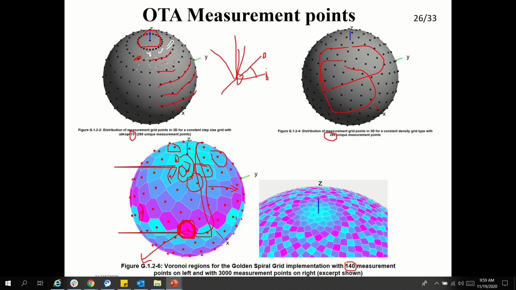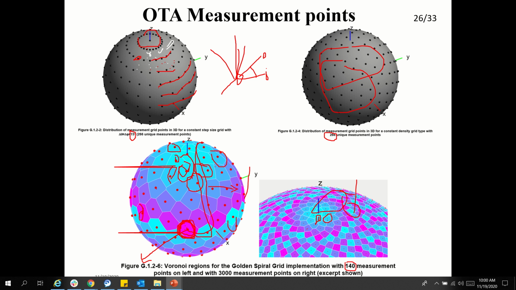The 140 points are a scattered, distributed set, whereas here it is 3000 points, and you can see the sphere has a very small mesh, fine grids. The implementation cost is much more expensive and hardware complexity goes up, but the accuracy of the result will be somewhat better in this case. With 140 points, accuracy may be compromised, but cost-wise, implementation-wise, and physical realizability-wise, it is far better than 3000 points.